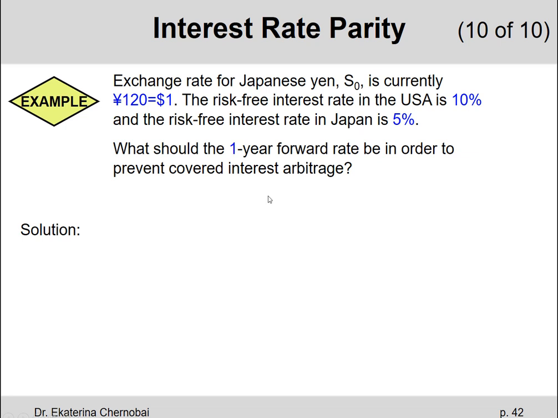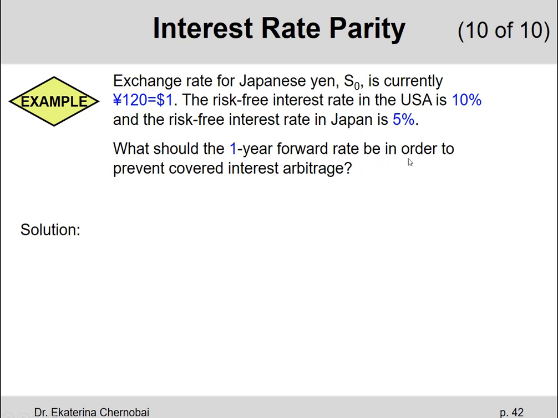Okay, let's look at an example. The exchange rate for the Japanese yen S0 is currently 120 yen per dollar. The risk-free interest rate in the USA is 10%, and the risk-free rate in Japan is 5%. What should the 1-year forward rate be in order to prevent the covered interest arbitrage?